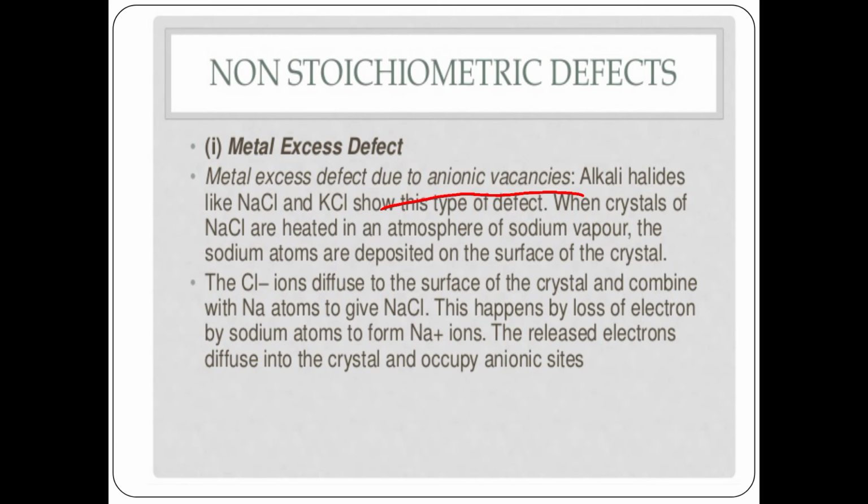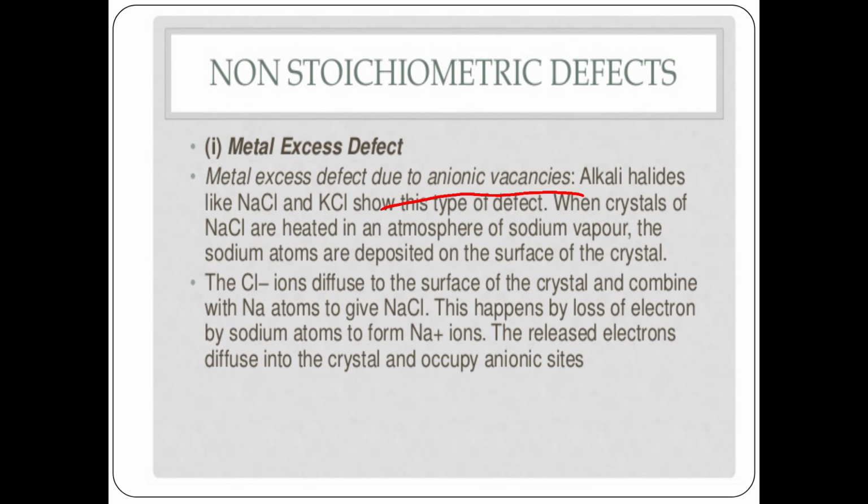For creating more NaCl, the sodium will donate one electron. This donated electron will sit in the anionic sites. For example, if we heat NaCl within sodium vapor, the sodium vapors accumulate on the surface.